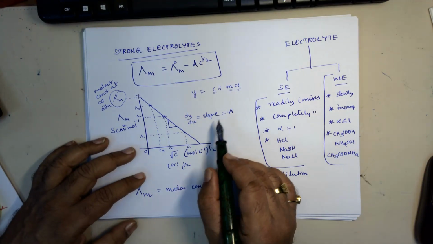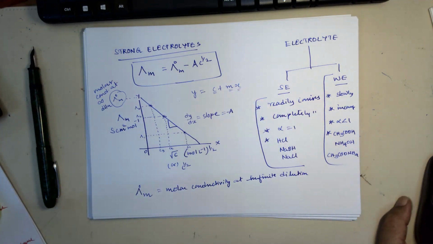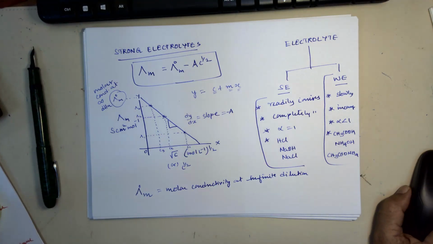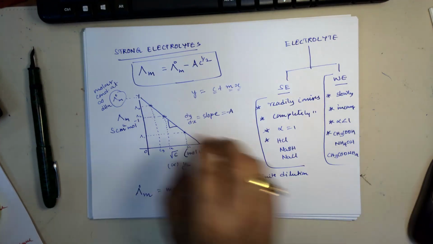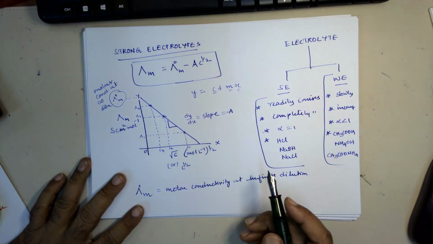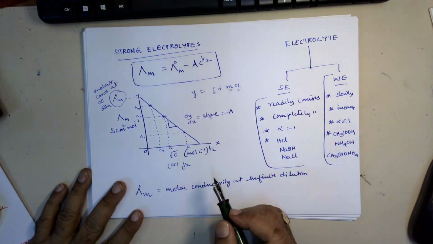So in that case, the a is a very important value that represents the slope. Is it clear now? So we obtain an equation of a straight line here.